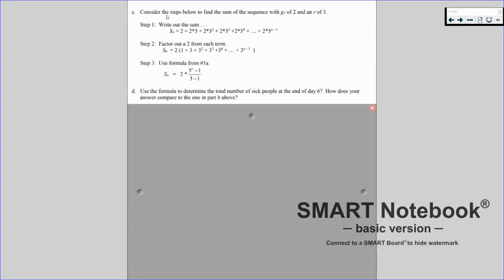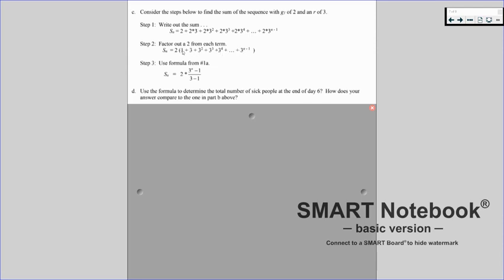All right, so step C is actually just reading this again. We write out the sum. We had 2, and then 2 times 3, and then 2 times 3 squared, and 2 times 3 to the third, and so on. So there's our sum. The first step here is factoring out the 2. As we notice, there's a 2 in each one of the terms, so we can factor the 2 out. And now I have this sum of 1 plus 3 plus 3 squared plus 3 to the third, and so on. If I remember, this sum already has a formula.